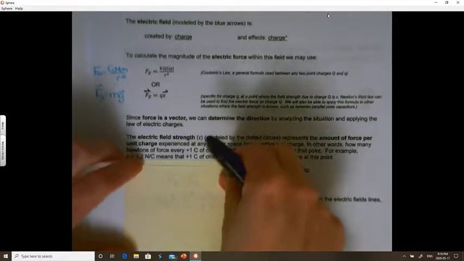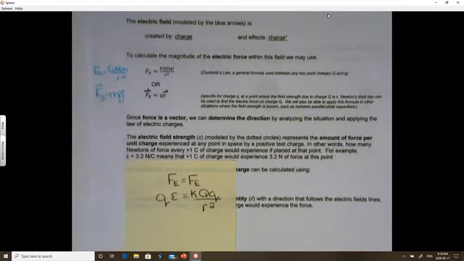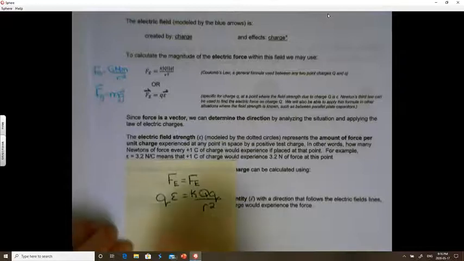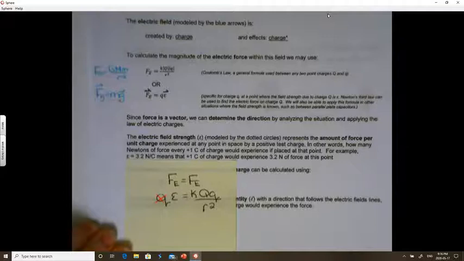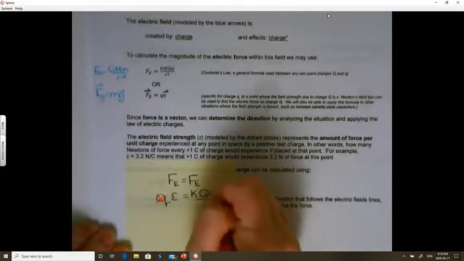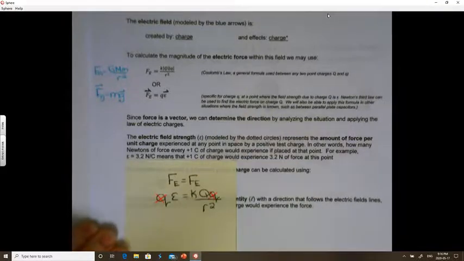So we can take our two different equations for electric force, the magnitudes of them, and set them equal to one another. This is the same thing we did when we were looking at the gravitational field strength. Now, this lowercase q, the one that represents the secondary charge I've placed within that field, is going to cancel out, and we're left with the magnitude of the electric field strength.